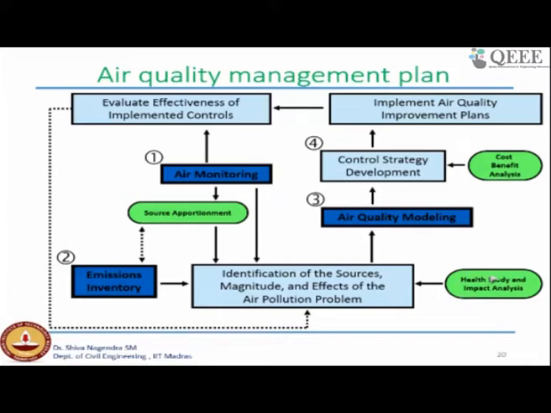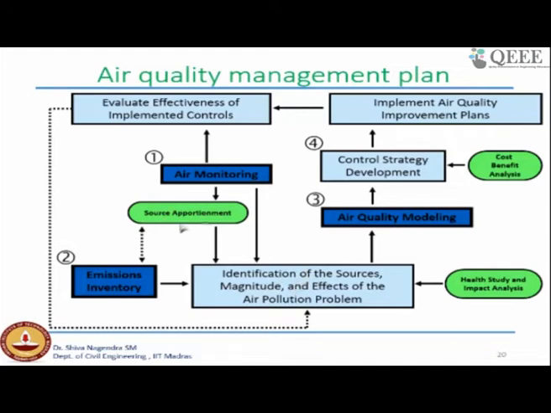If it is a lung capacity reduction, again you can relate it to a pollutant. So either with hospital admission data or with monitoring, you will be able to identify which source is contributing pollution in that particular area.